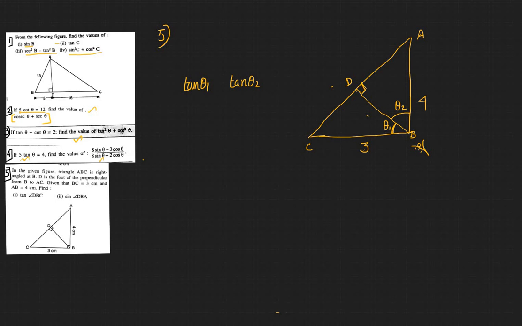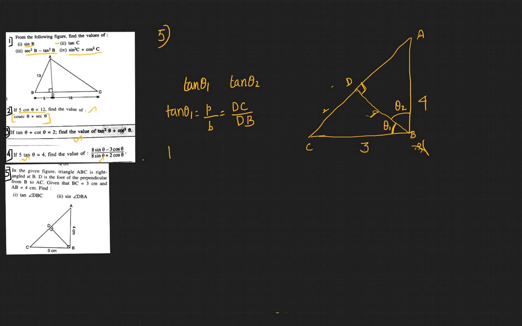So for this triangle, this is a perpendicular and this is a base. So tan theta 1 is equal to perpendicular by base, and that perpendicular would be DC divided by DB.